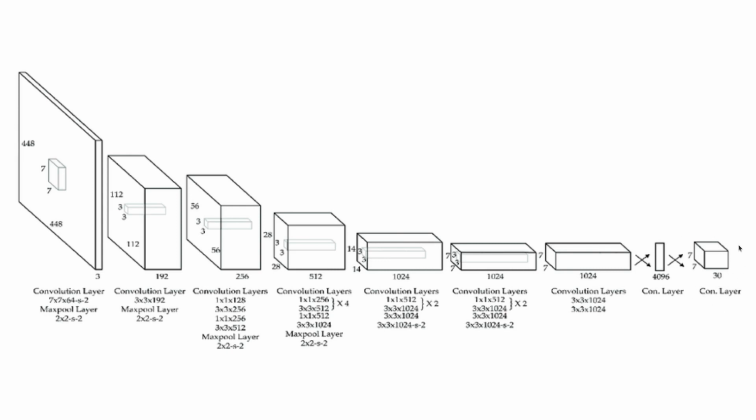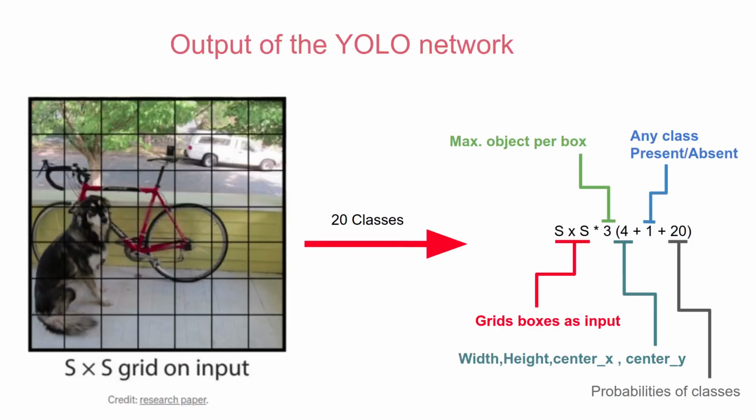So now we will see exactly how YOLO spits out the output, because that is the most important part for us. Let's talk about the output of the YOLO network. We take any image and divide it into an S by S grid. For this particular image, we have a grid of 7 by 7.